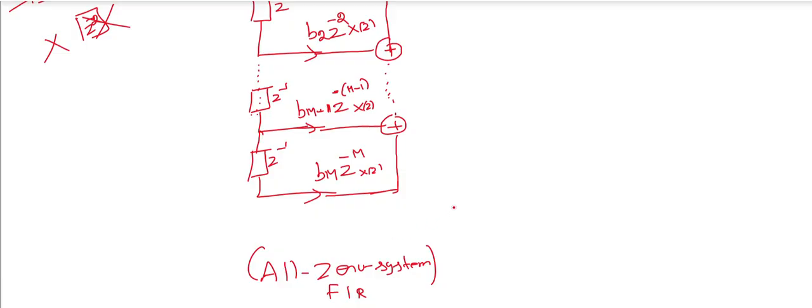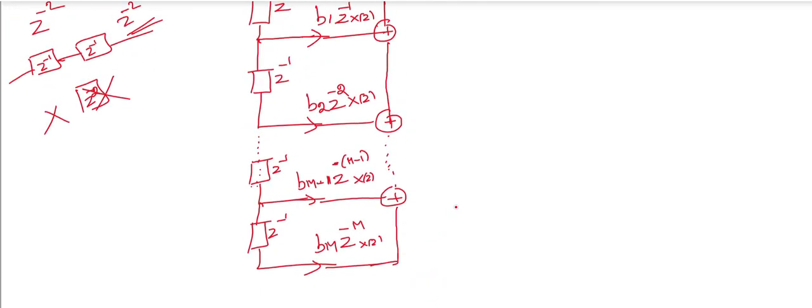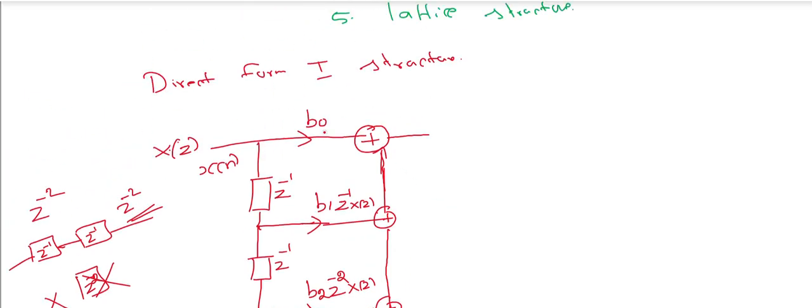Now we can represent the all-pole system. The transfer function H of z, because we are going to represent the transfer function H of z. So the all-pole system can be represented as a feedback system. The a_k coefficients are the feedback coefficients.